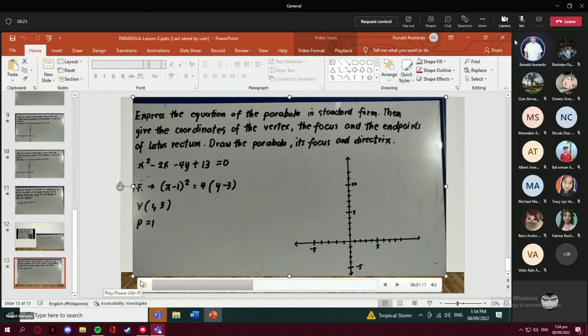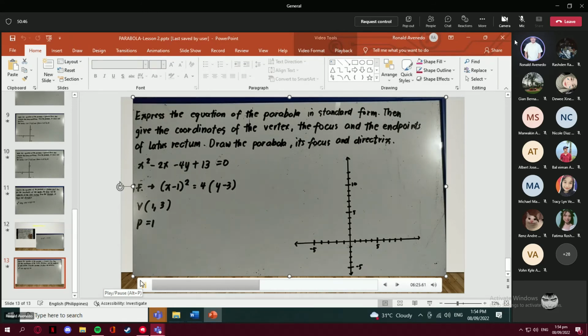Okay. From our last solution, where the equation is x squared minus 2x minus 4y plus 13 is equal to 0, since x contains the exponent of 2, therefore, we have the idea that the graph is either open upward or open downward.